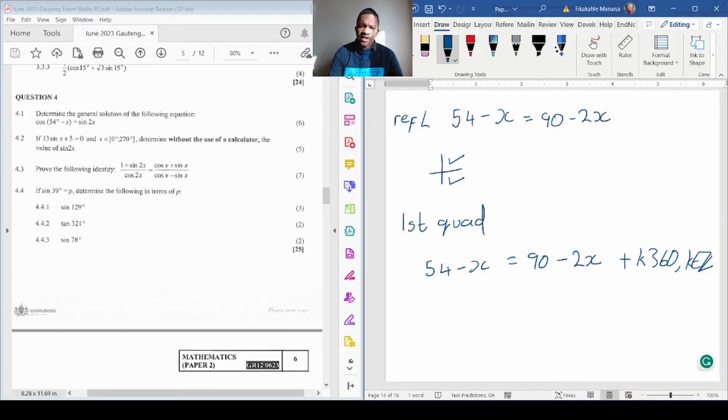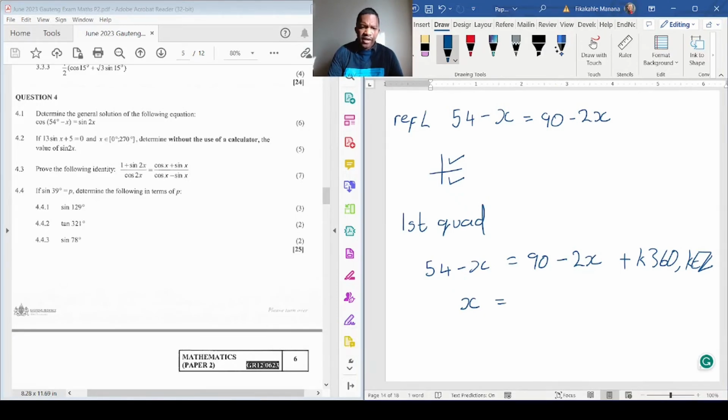So I'm going to take the 2x and bring it to this side, and it becomes positive. Then I have minus x plus 2x, which gives me x. On this side, I want a number, so I take 90 minus 54, because I take that 54 to the other side.